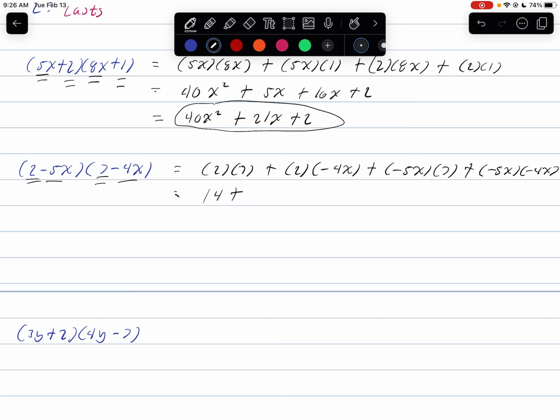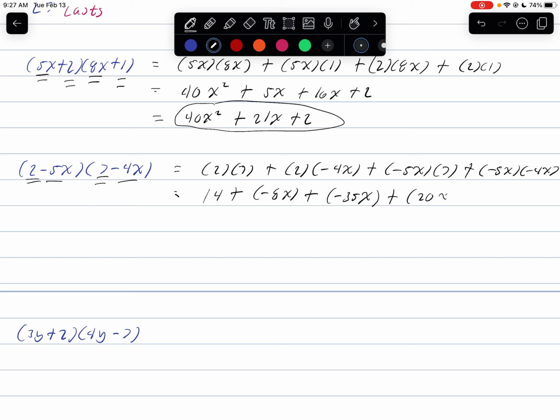And then if we have 2 times negative 4x, that's going to give us negative 8x. And then if we have negative 5x times 7, that's negative 35x. And then if we have negative 5x times negative 4x, we'll have negative 5 times negative 4. That's going to be positive 20.